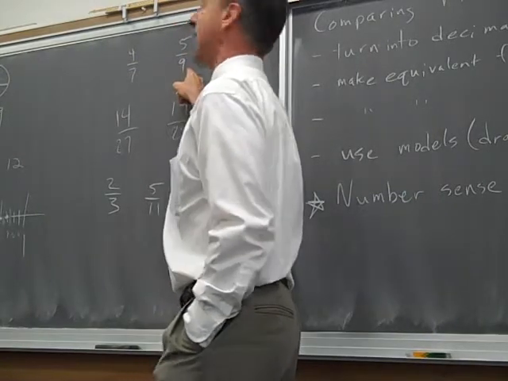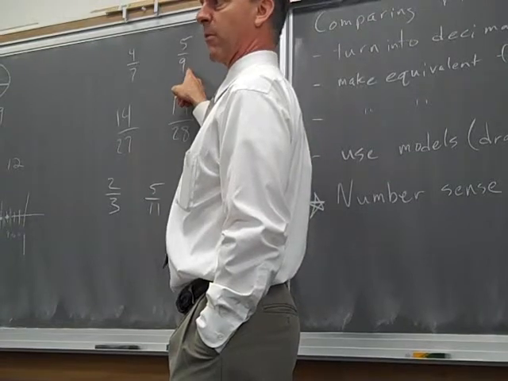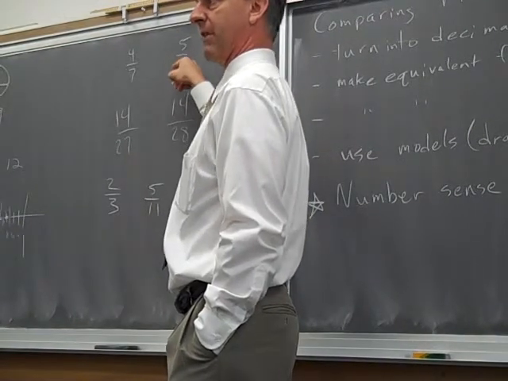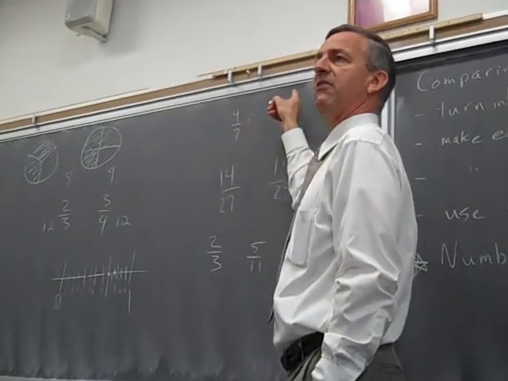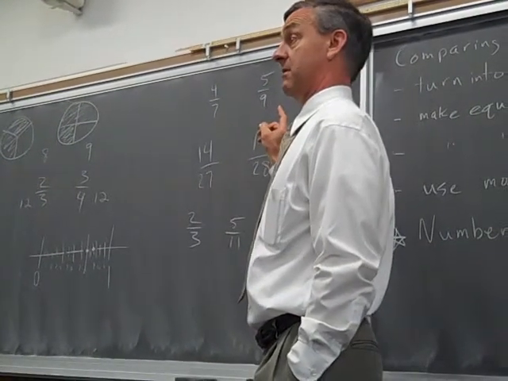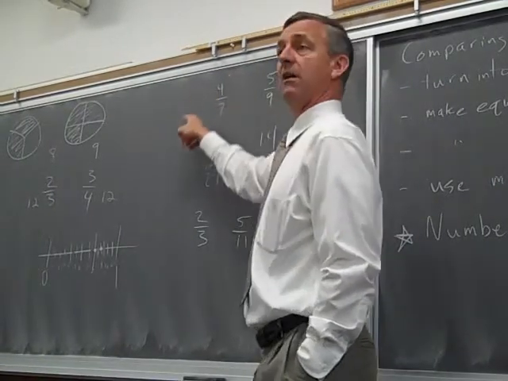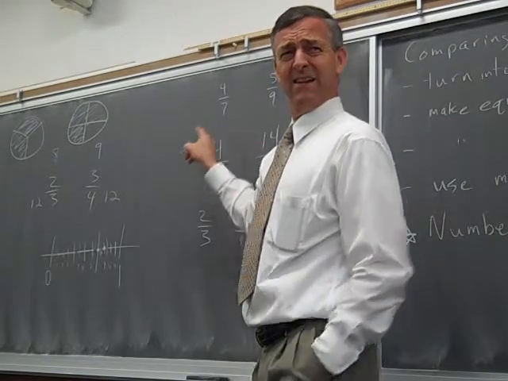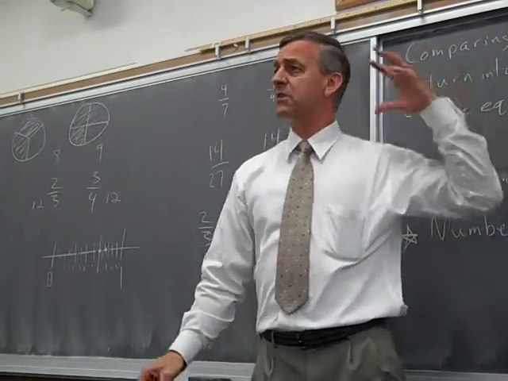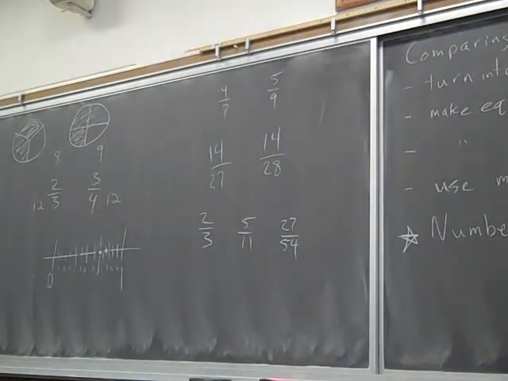And here I'm a half of a 9th above 4.5. So which is bigger, a half of a 7th or half of a 9th? Half of a 7th is bigger, so this must be the bigger number. Does that make sense? None of this decimals and stuff. You just think about the problems. Okay.